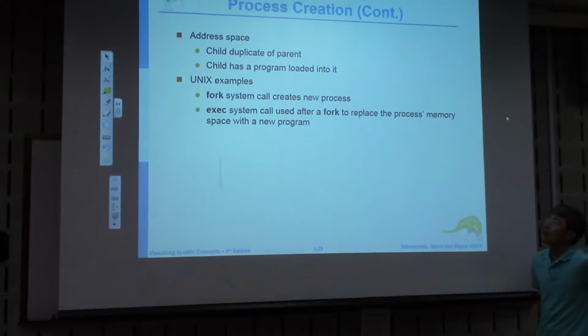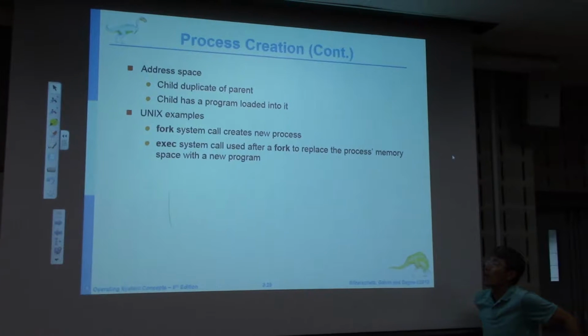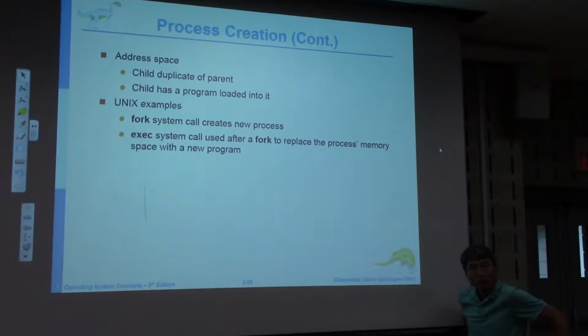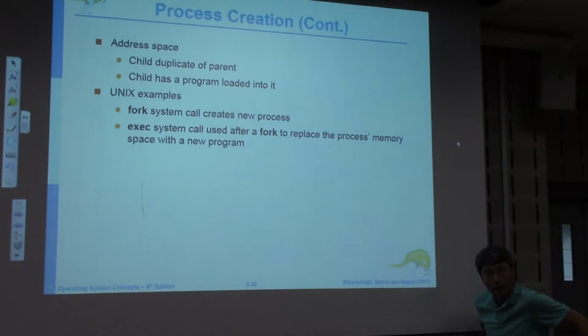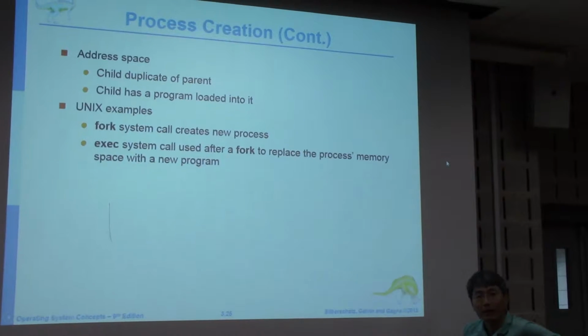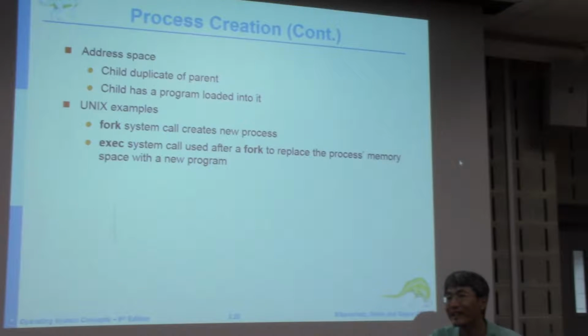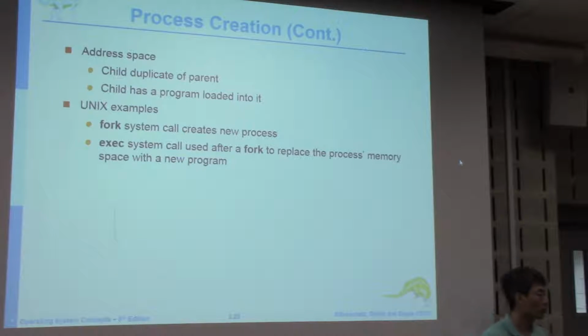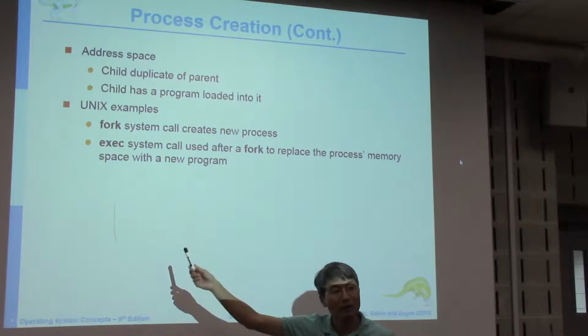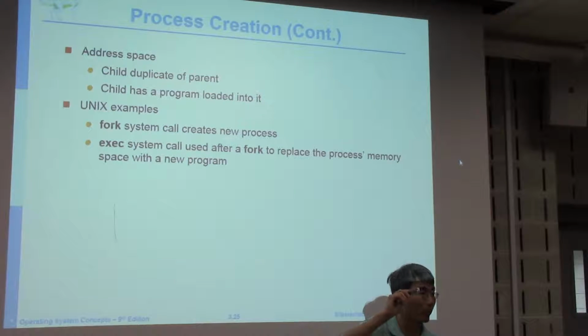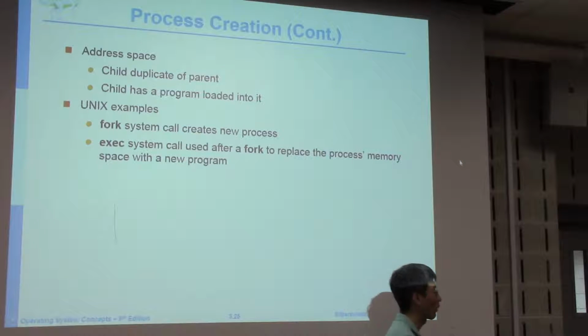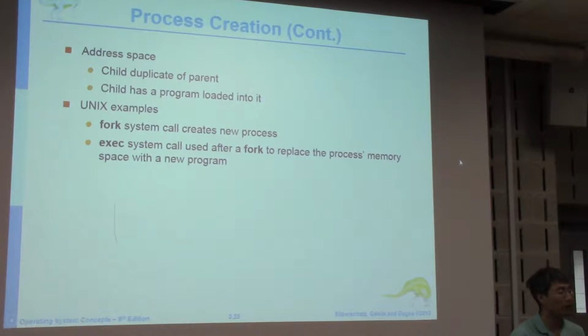So basically, the creating process, the parent, makes a clone of itself in memory, then loads the program instructions into the assigned memory. That will be the child process, which can be implemented with the Unix fork system call and exec system call. The fork system call creates a new process.